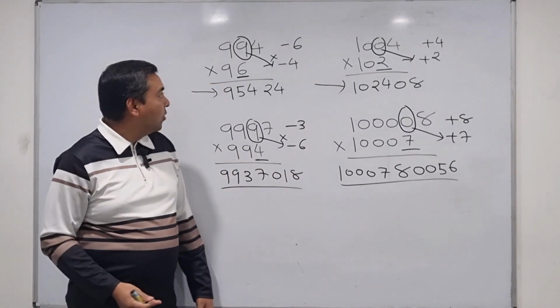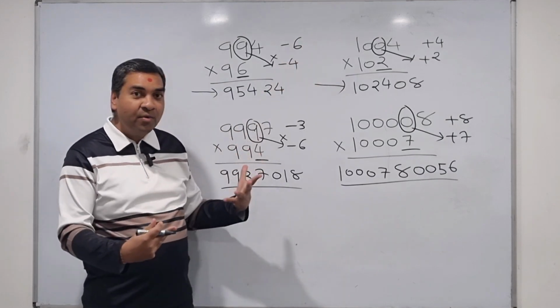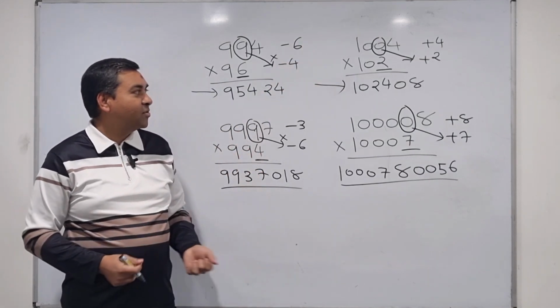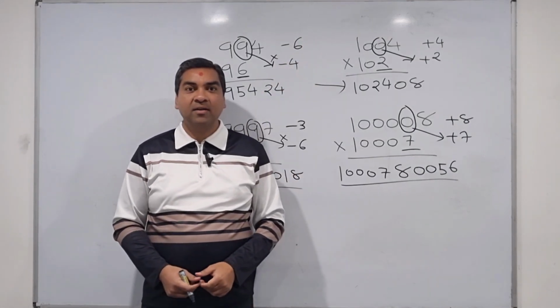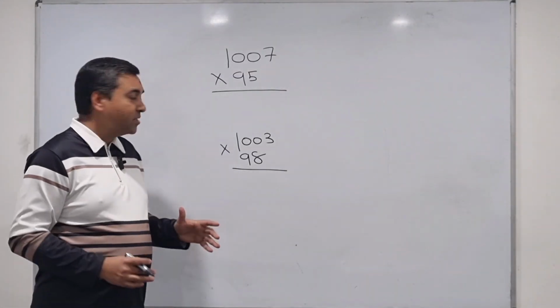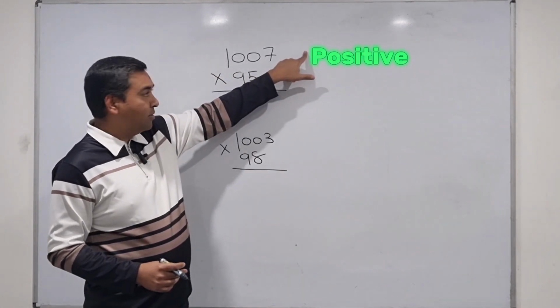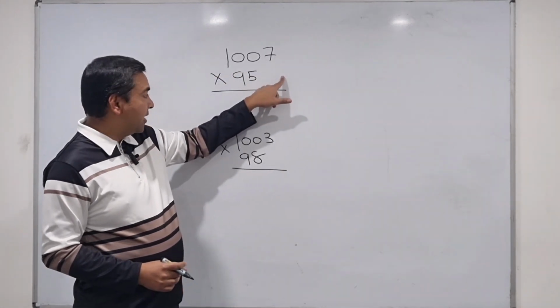Now, guys, we are going to learn what to do when one difference is negative and one is positive, and how to take care of such questions. Now, friends, we'll try to learn questions in which one has some positive number with the base number, and one has a negative number.